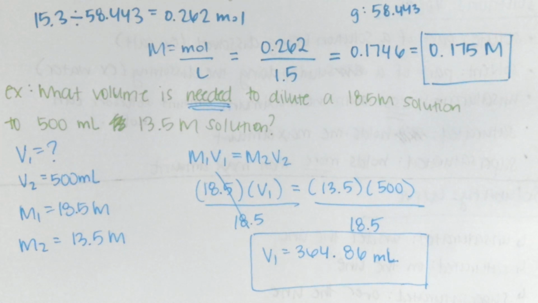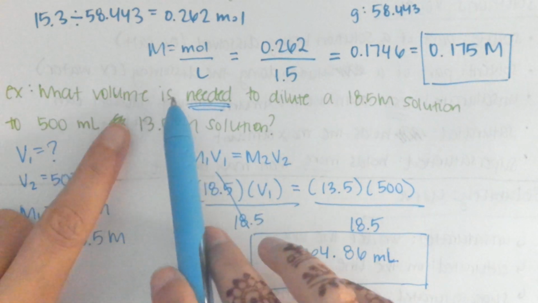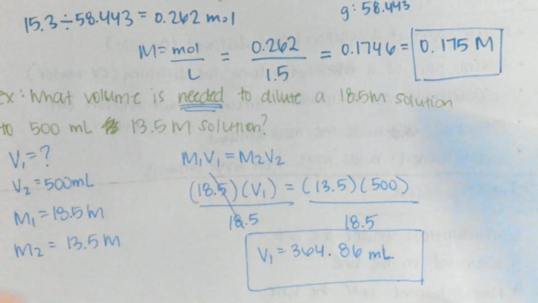Any questions for me? Yes. All right, you may have the same question. Listen up, ladies. Why does it matter which one's V1 and V2? It says what volume is needed. So think of a solution, right? And you want to dilute it. And it's saying, I need this much of this new concentration.